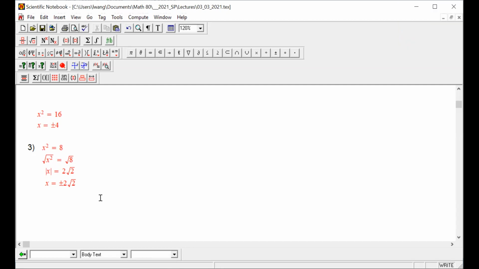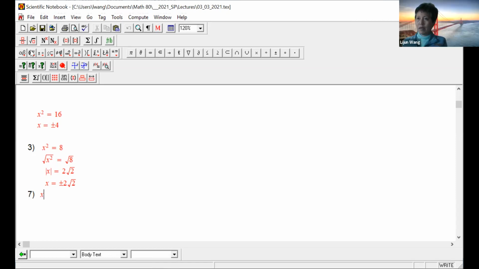Okay, one more example for number 7. We have x squared equals 0. In this case, you really don't need to go through that square root and stuff, because a number times itself is 0, the number must be 0.